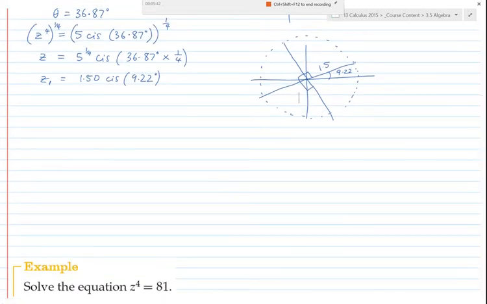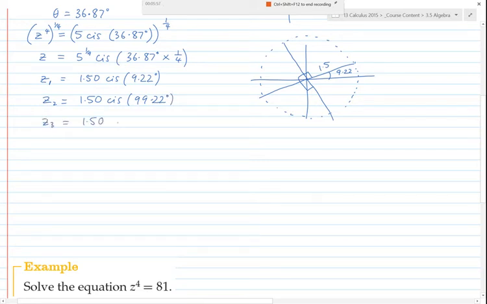And so our second solution is going to have the same modulus of 1.50, but it's going to be at 99.22 degrees. And our next solution is going to be the same modulus, but an argument of plus 90, so 189.22 degrees.